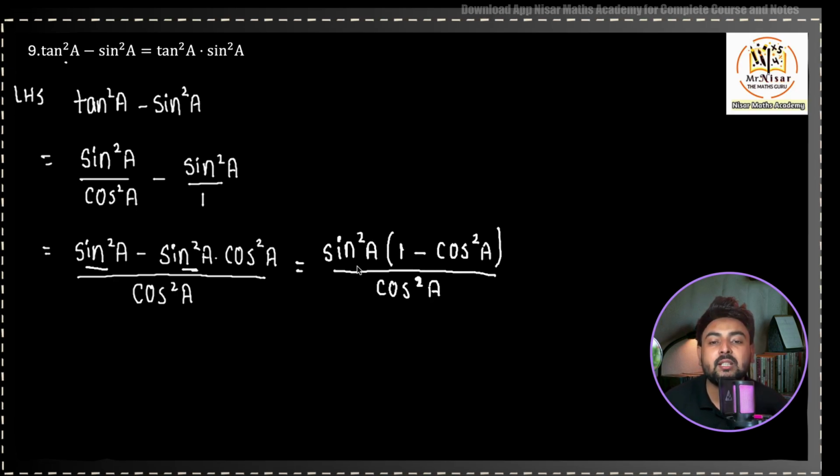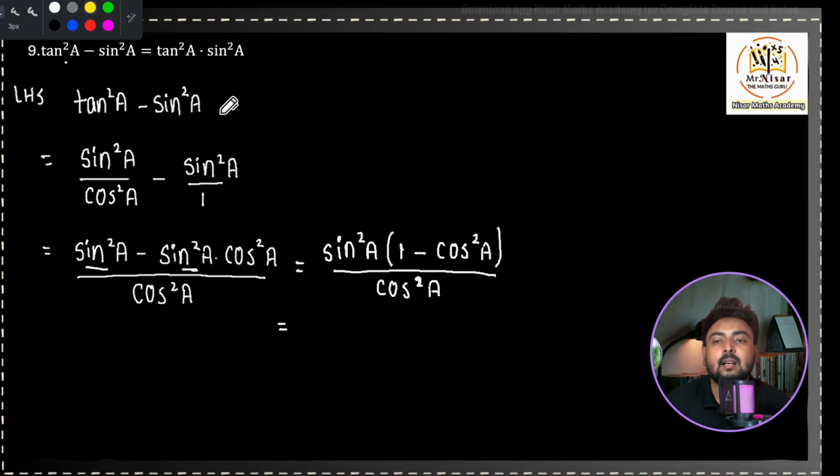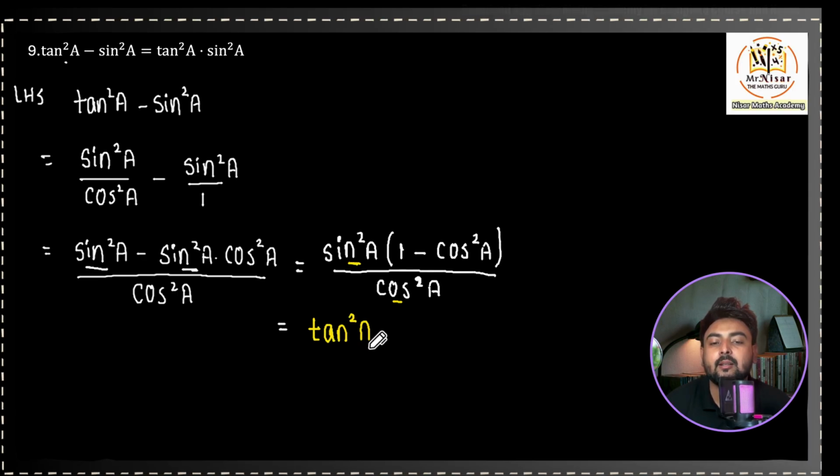Like here I am able to see that sine square by cos square is going to become tan square, and 1 minus cos square a is nothing but sine square a, and that is what we need, we got it. So sine square by cos square is tan square a, and 1 minus cos square a becomes what? Sine square a, the trigonometric identity number 1, and this we need to prove. So it is equal to RHS. Left hand side is equal to right hand side. I hope the concept is quite clear to you. Let's go ahead for the next question.